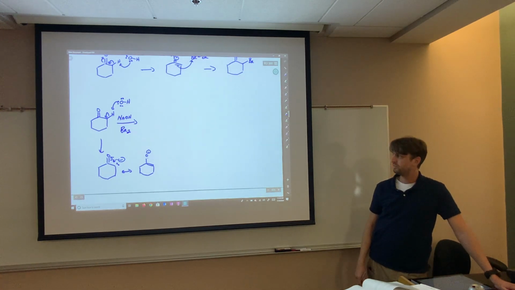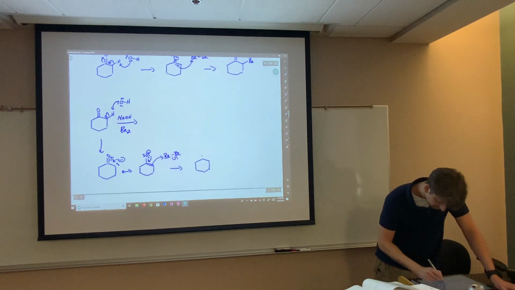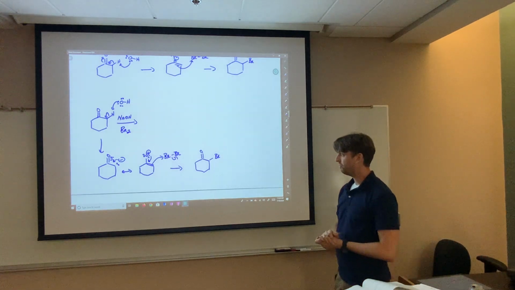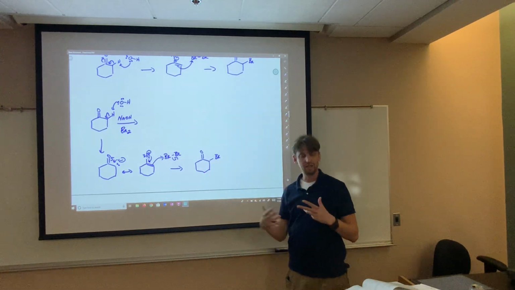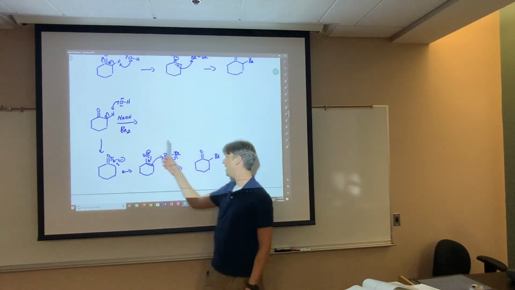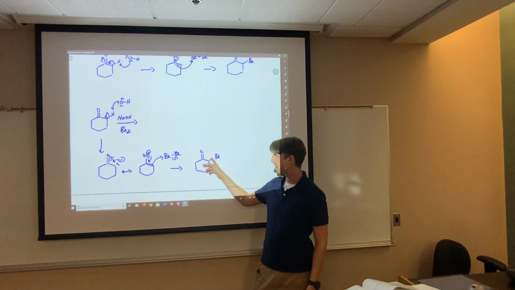And then we can have the same thing happen. And that's good stuff, right? Cool. The thing is, now this hydrogen here is actually going to be even more acidic, to the point that our base is going to come back in and deprotonate that position again. So we're going to end up adding another bromine there.